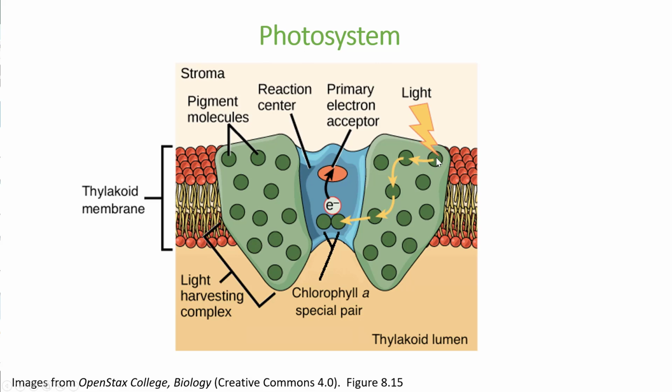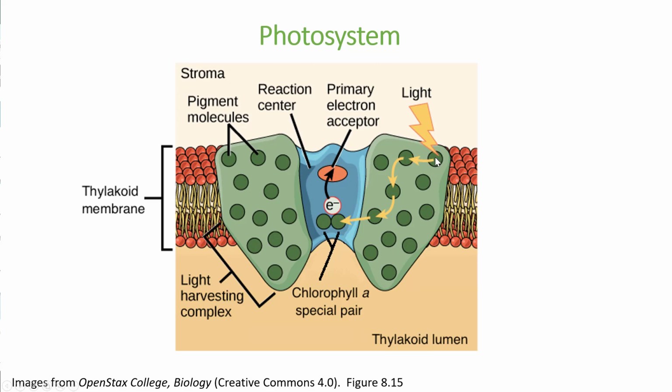The way that it does that, it has electrons that essentially get excited. They store this energy. And when that electron gets excited, I'm wiggling my mouse here to show you that it's excited, it can actually pass on this excited energy to another pigment within the reaction complex.